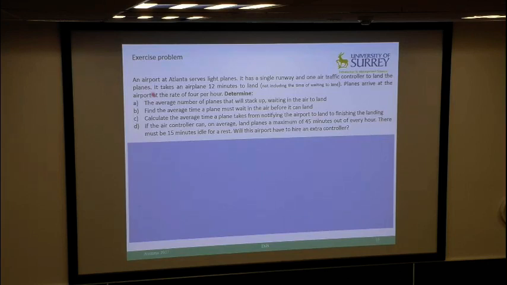So if a plane arrives at an airport, it has to wait for some time until it receives the signal from the traffic controller telling it, okay, now you can land. The controller tells you how to land: what is your angle, what is your speed, maybe you're too quick or too slow. So this is the service. And before the plane can be served for landing, it has to wait for some time, going in circles in the air above the airport.